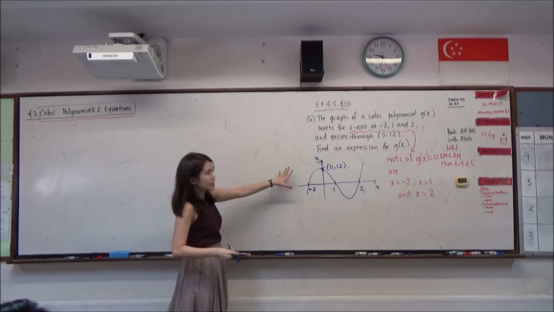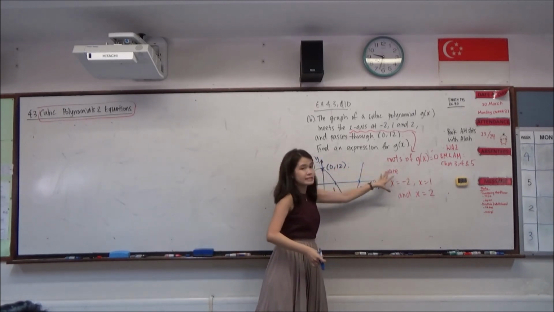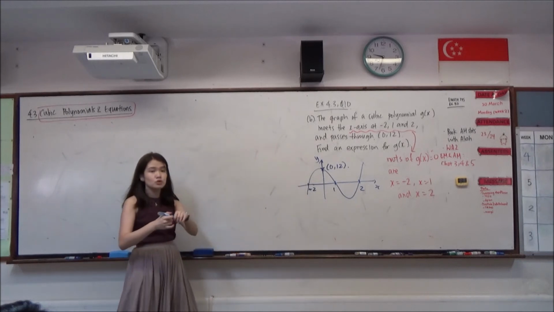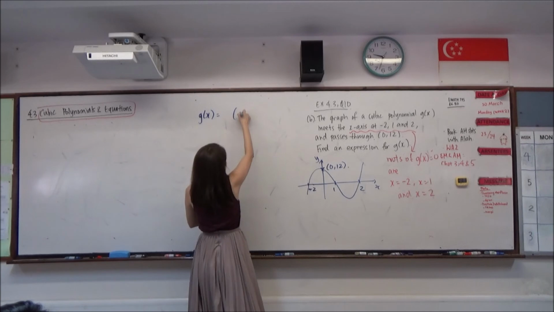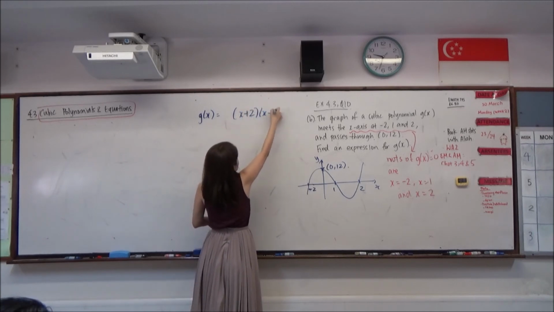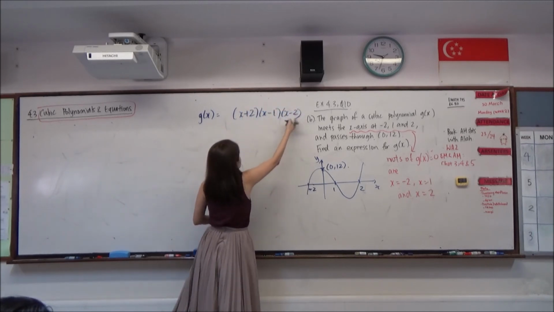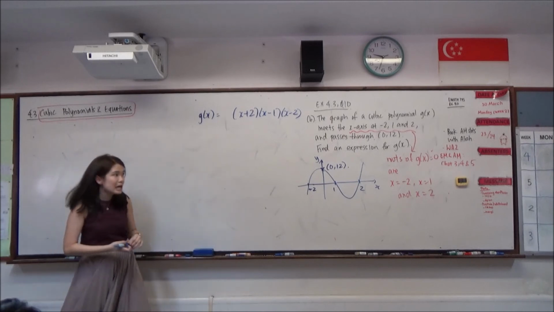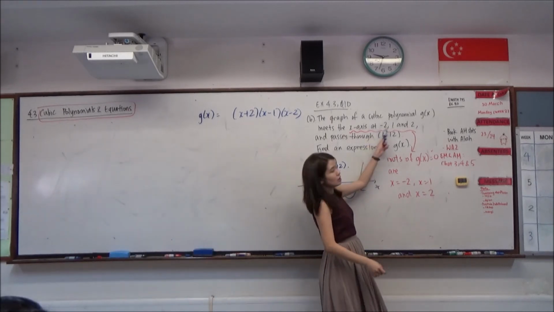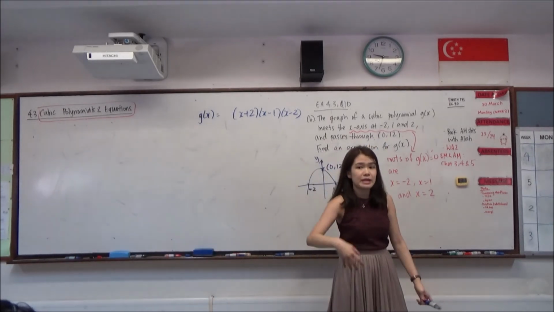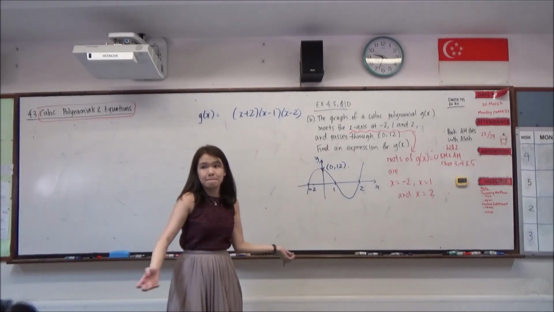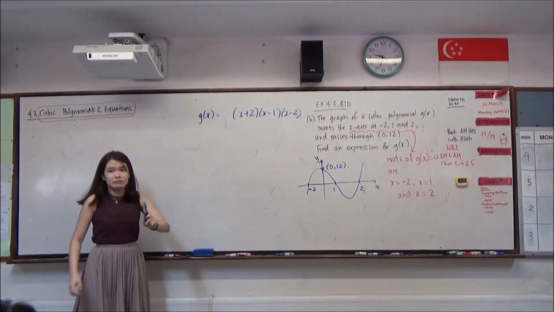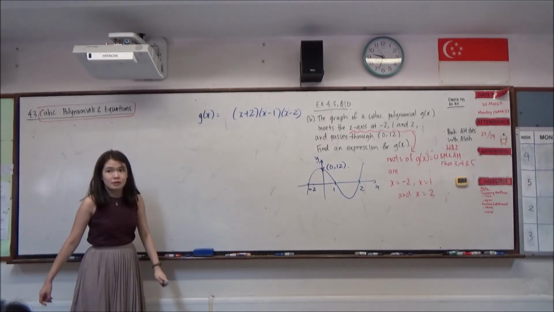There is actually no need for you to write this down in your answer. You need to be able to draw that deduction that g(x) will have these 3 factors as a result of these being its solutions, its roots, its intersection with the x-axis. Very clear? But then there is a problem here.